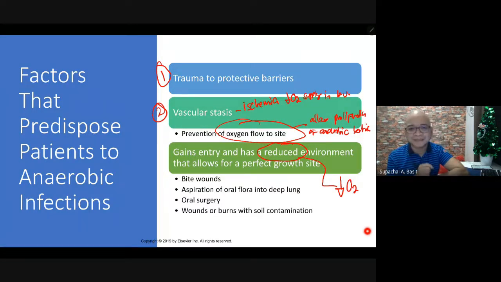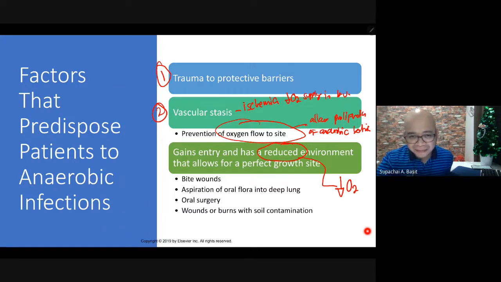This usually happens in bite wounds, aspiration of flora into deep lungs, oral surgery, wound or burn with soil contamination. So, noteworthy to mention, if the patient has high blood sugar, it will be very difficult for us to heal the wound because of the high blood sugar.